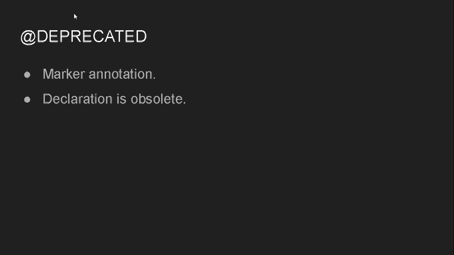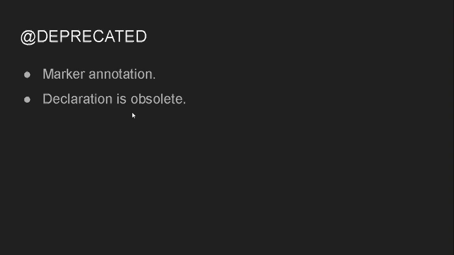So then after that we have Deprecated. Deprecated is a marker annotation. If I define Deprecated in front of, let us say, a constructor or a method, then that means that particular constructor or method has now become obsolete. Obsolete means it is no longer supported, or it is no longer in use.